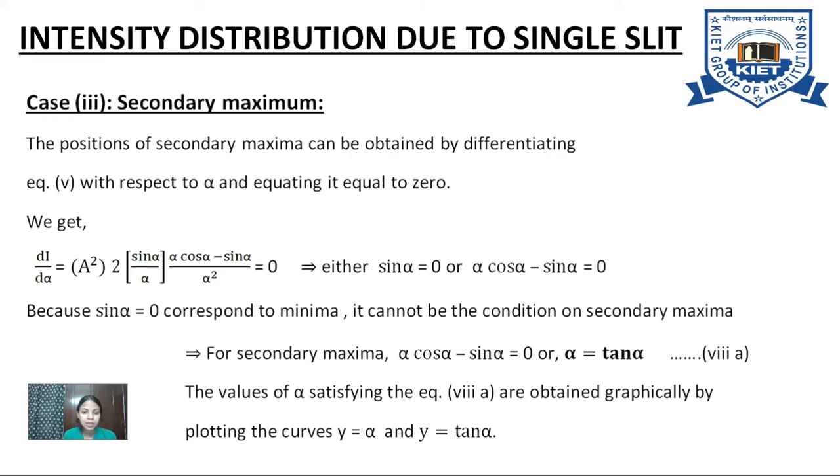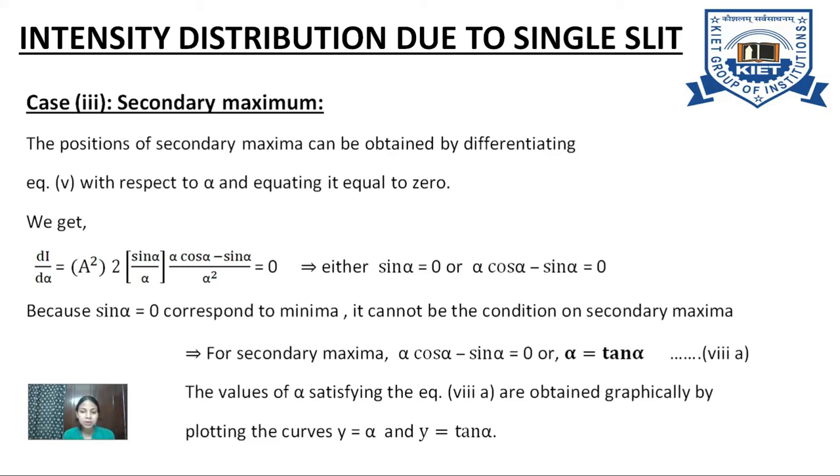So from here we get that either sine alpha is equal to 0 or alpha cos alpha minus sine alpha is equal to 0. But sine alpha equals 0 is the condition of minimum, so we cannot consider it here. Therefore, the condition of secondary maxima becomes alpha cos alpha minus sine alpha is equal to 0, or alpha is equal to tan alpha.